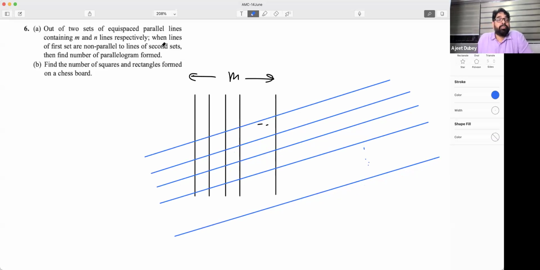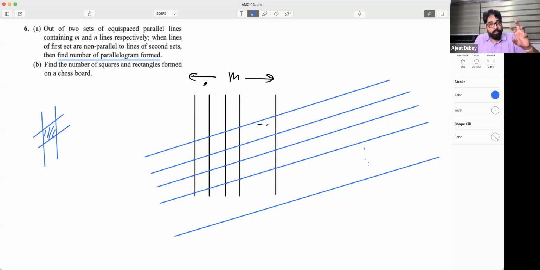They are asking you to find the number of parallelograms. When a parallelogram comes, two parallel lines and two lines from another set of parallel lines will give you one parallelogram. I'm sure all of you can understand. This is the one parallelogram.